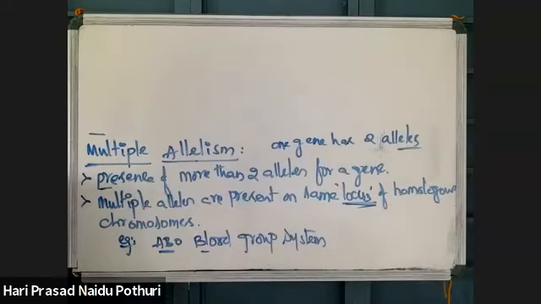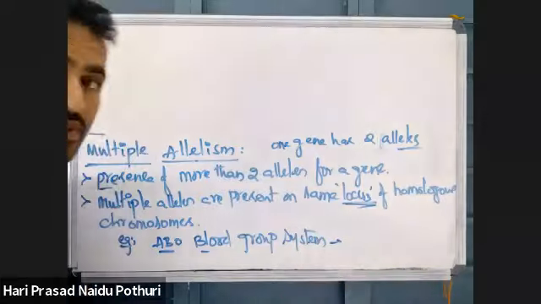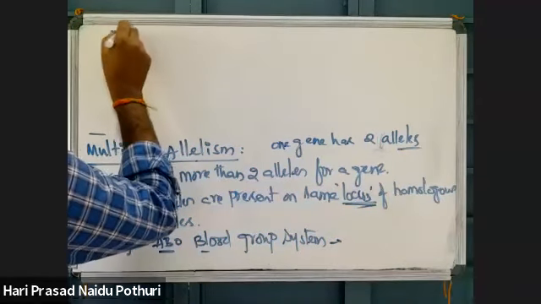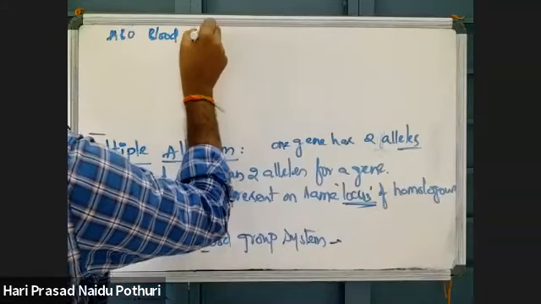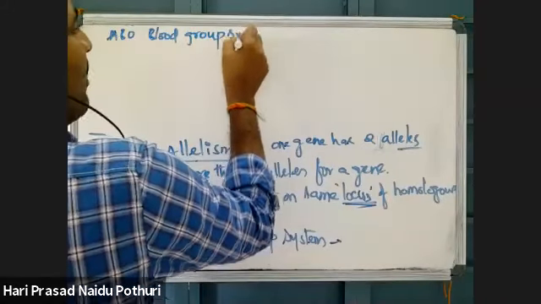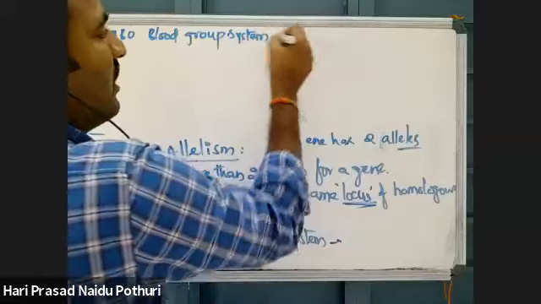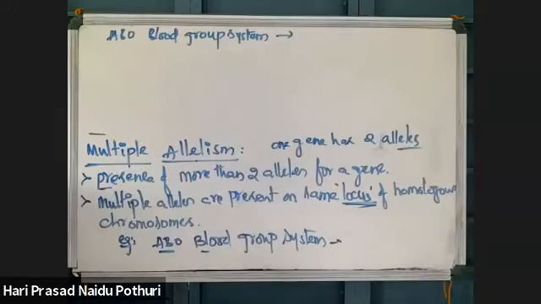What are the multiple alleles of the blood group system? The ABO blood group system has multiple alleles. How many alleles are present?